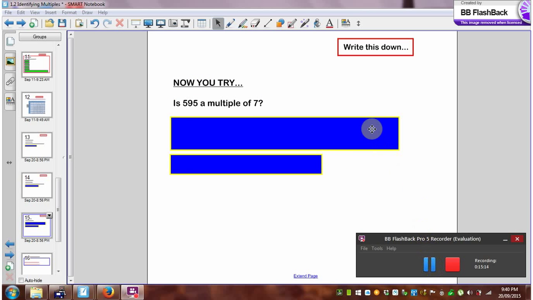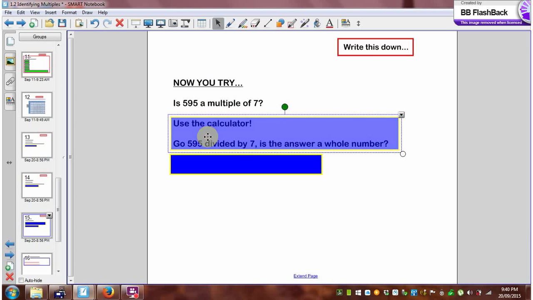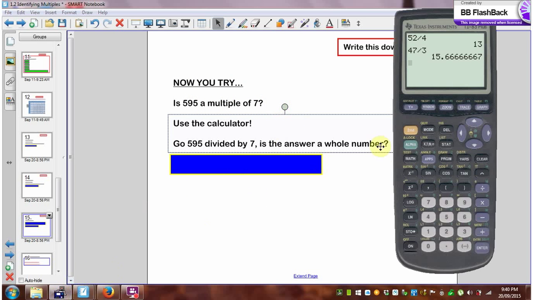Okay, so by now hopefully you've tried it. Here are our steps again. Use the calculator. So we go 595 divided by 7 to find out if 595 is a multiple of 7. Then we check to see if our answer is a whole number. If it is, it's a multiple.